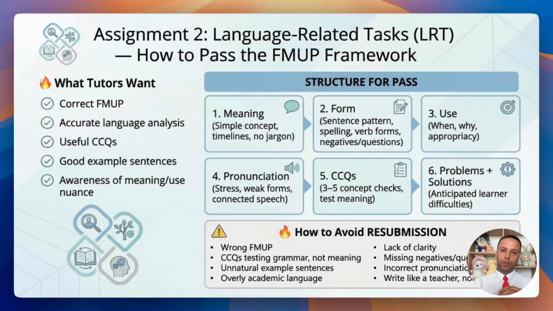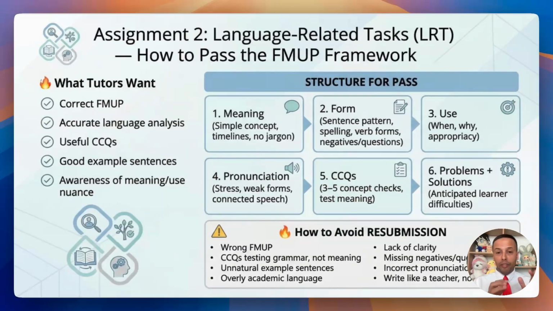CCQs. Give 3 to 5 concept checks that test meaning, not grammar knowledge, meaning. 6. Problems and solutions. Anticipated learners' difficulties. What might go wrong and how would you address it? This is CELTA. They like you when you anticipate learners' difficulties.